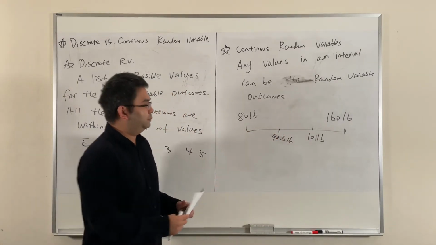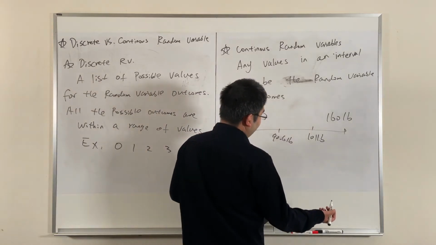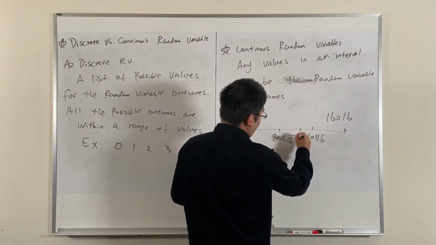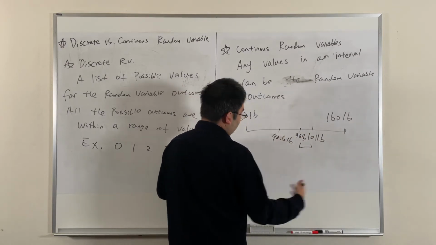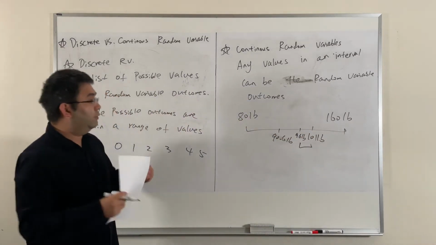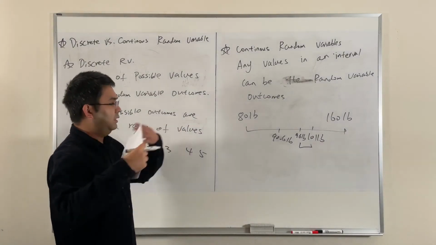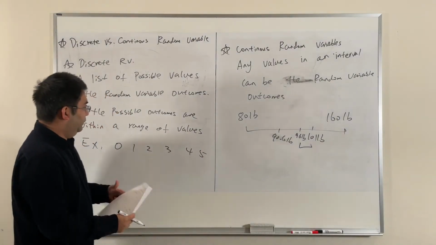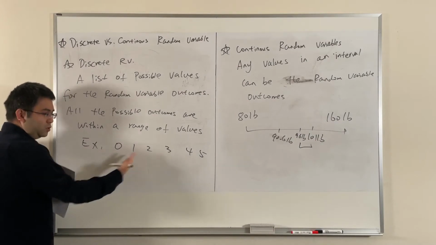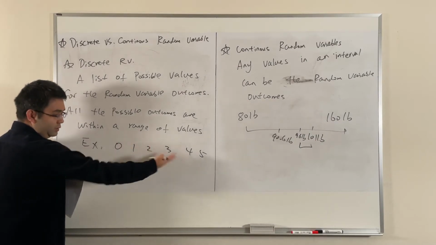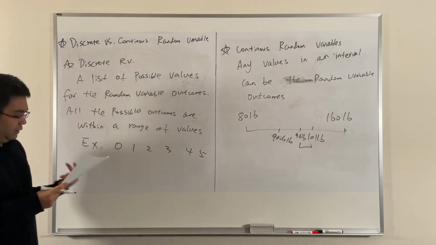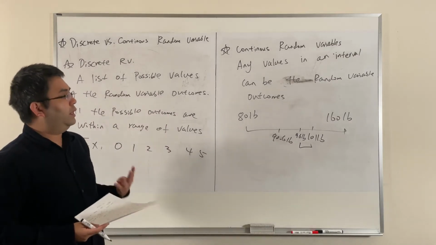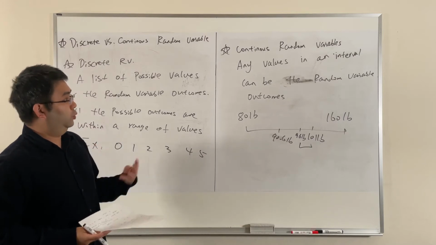You can even say it's possible to have 96 pounds, and in between, you have another outcome. So you have infinitely many possible outcomes, where in the discrete case, you cannot create another one in this interval or between these outcomes. So that gives us a way to differentiate between the two, right?